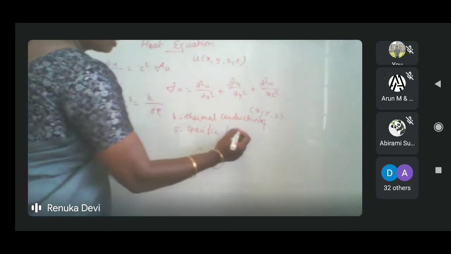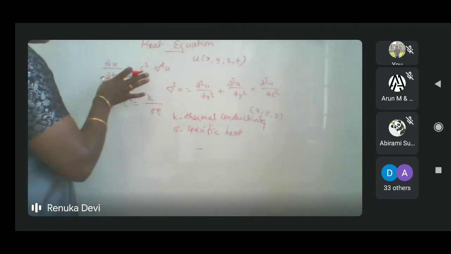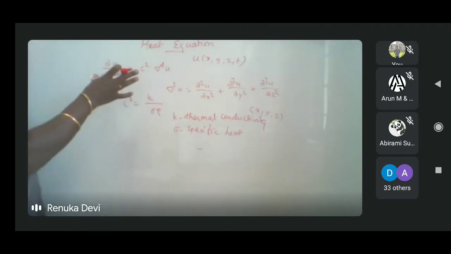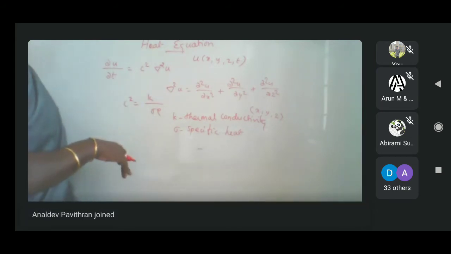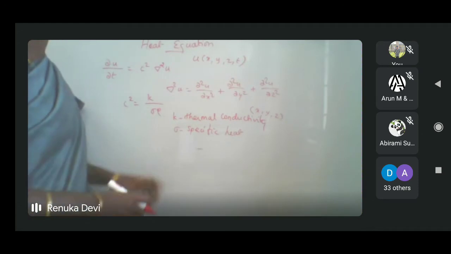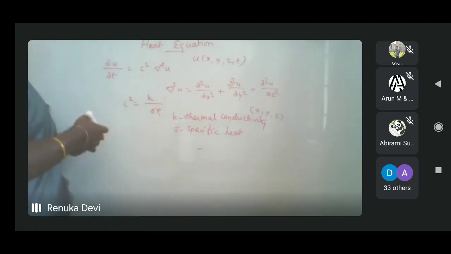These things appear in your problem. We are assuming the heat equation, not deriving it. If you want to derive the heat equation, it is a big problem. So I take the equation as granted.